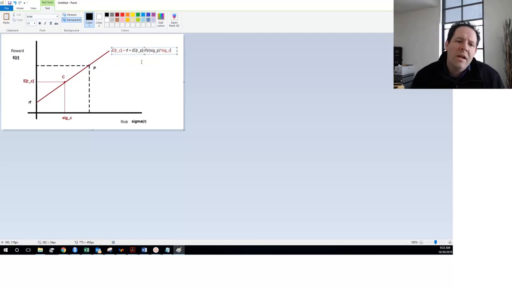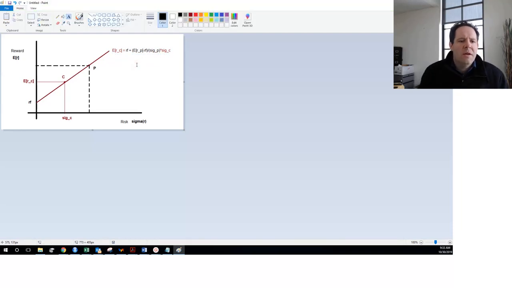And the investor's trying to pick the best composite portfolio, and that's the investor's goal. So that's our equation for the capital allocation line, and we're really just tracing out a relationship between the expected return on this portfolio asset and the riskiness of this portfolio asset.